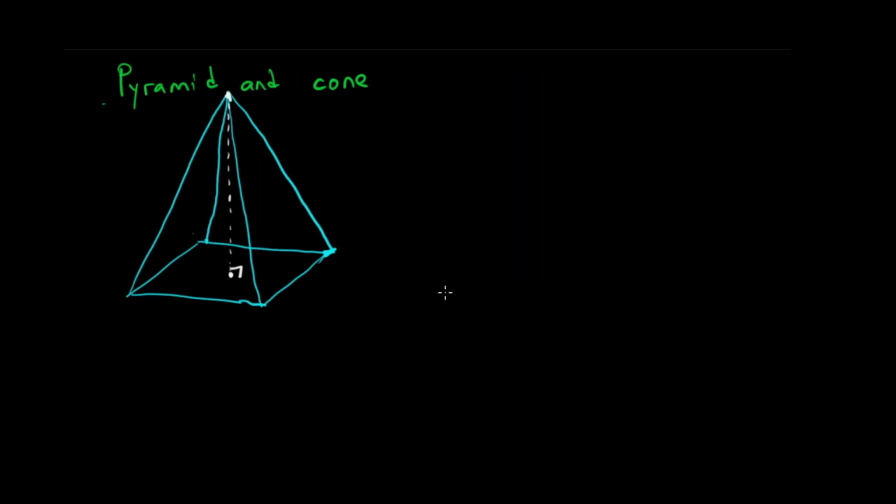So that's a pyramid. But when we now talk about a cone, it has a round or circular base. Then we have a line and another. This is now what a cone is.